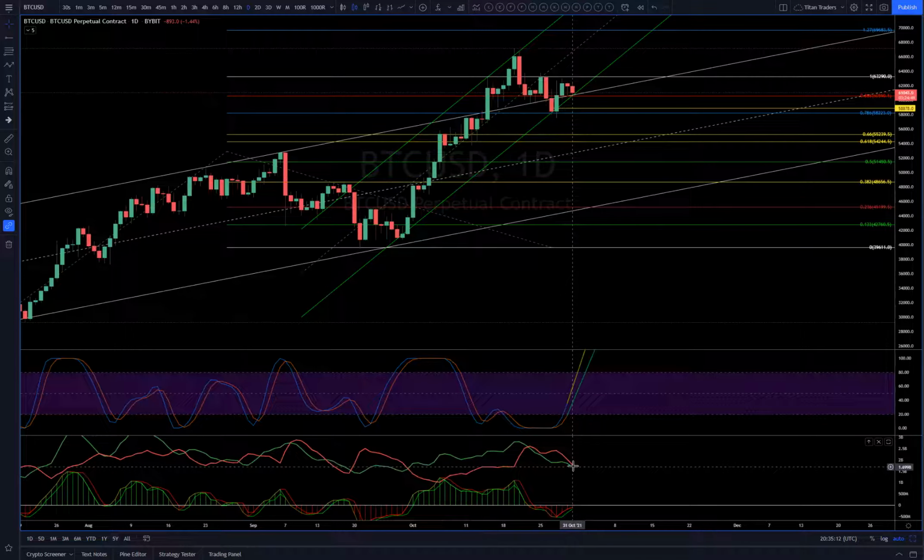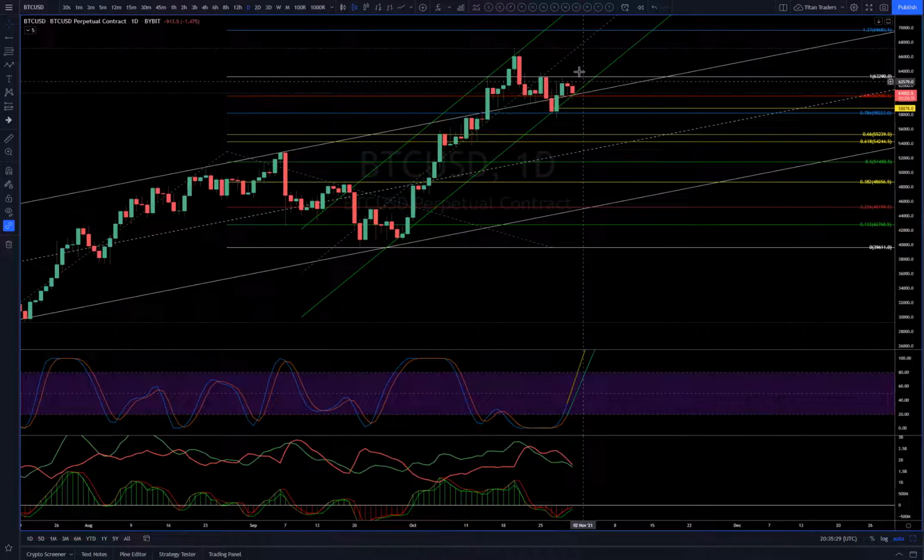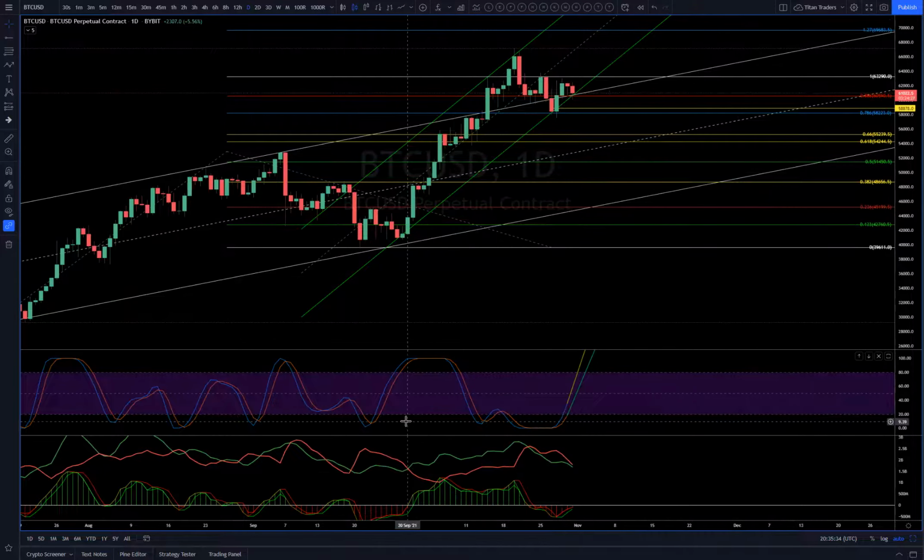If the bullish volume does not break that sell volume, then I don't see us moving up currently. If the bearish volume continues to be higher than the bullish volume, then we could potentially see price come down and maybe test that 618.